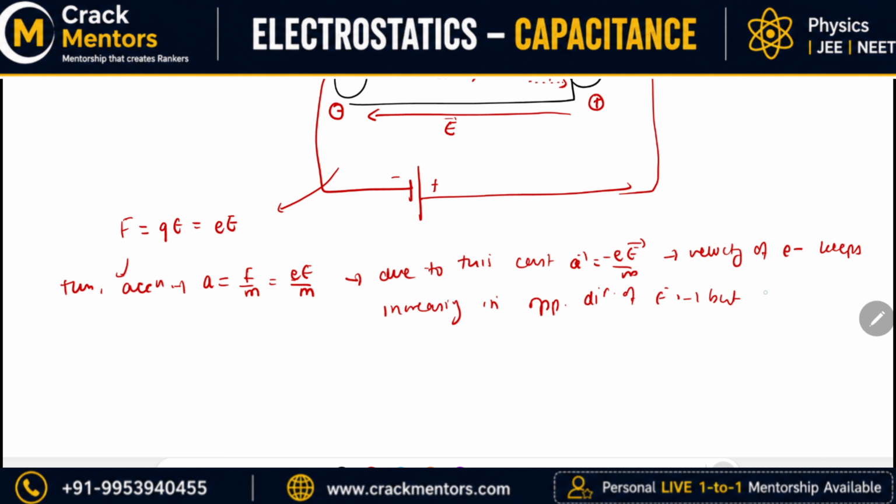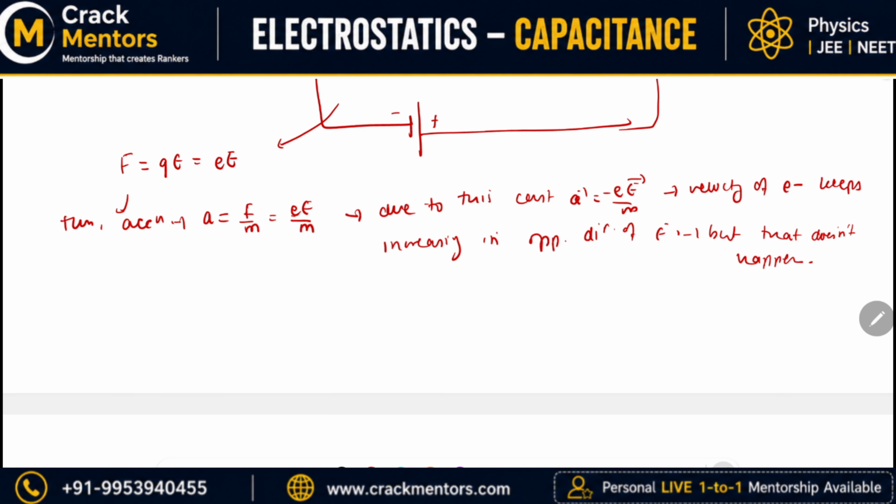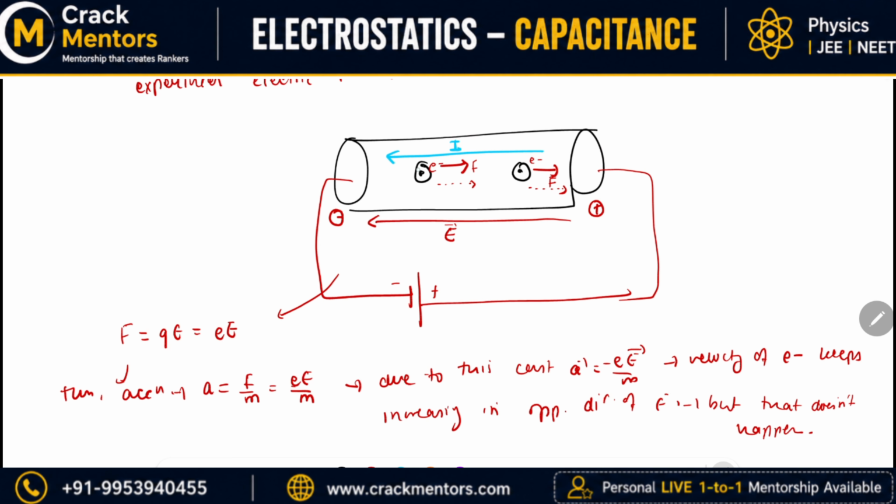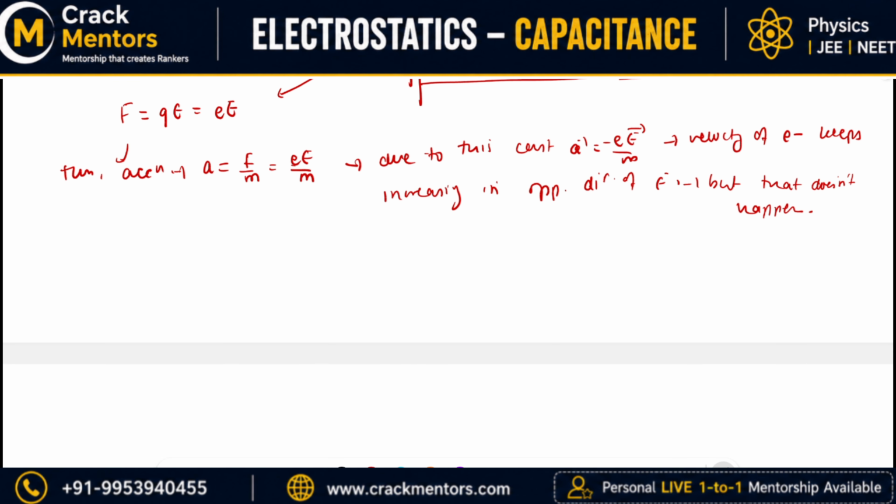Let us say that this electron was there, now the force has been produced, acceleration has been produced, and it is now moving in this direction. But due to this constant acceleration, the velocity will keep on increasing, and there will be a moment after a while that no net motion is taking place.